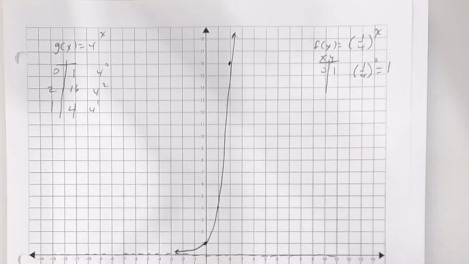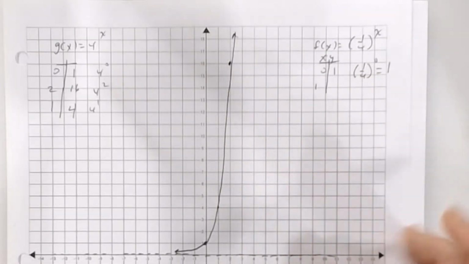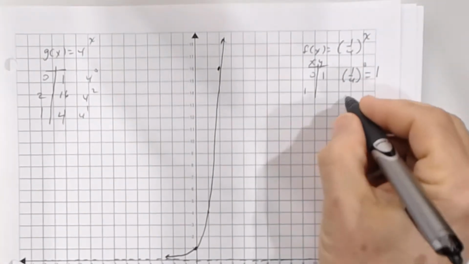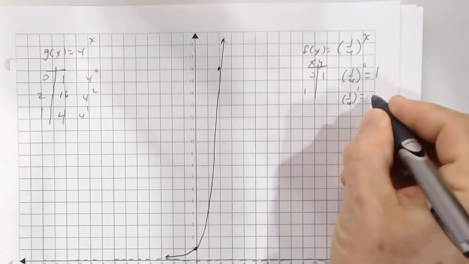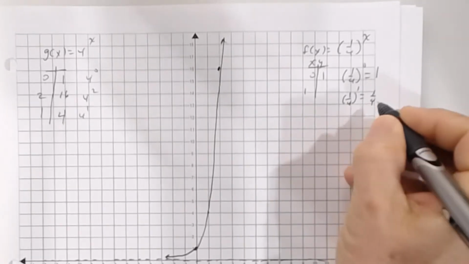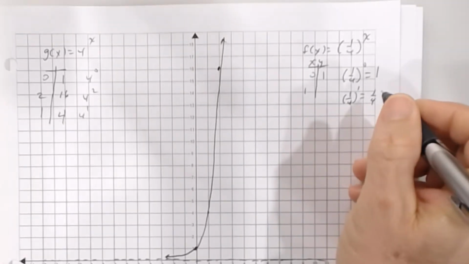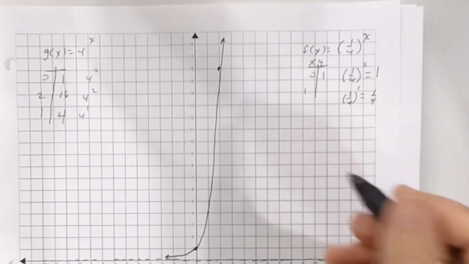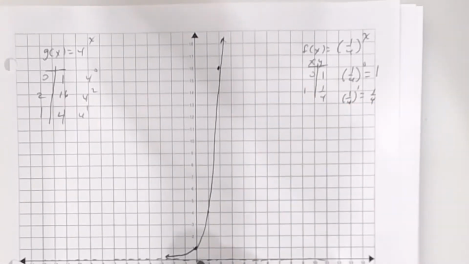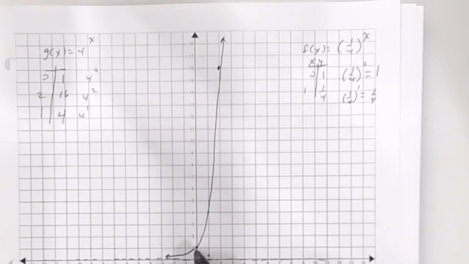Now, I want you to notice something. Your inclination is to use x equal 1. All right, let's use x equal 1. What is 1/4 to the first power? 1/4. So that is 0.25, right? So that's about here. So you know what's happening to the right of this y-intercept.